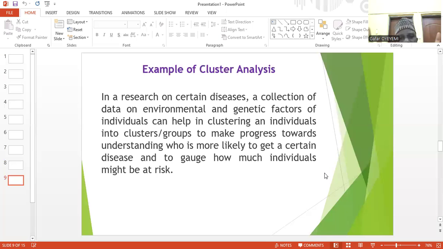This will help in clustering those individuals into groups, in order to make progress towards understanding that this group is likely to have this kind of disease, this group is likely to have that kind of disease, and so on and so forth. And this will help in gauging how much individuals are at risk of a particular disease.